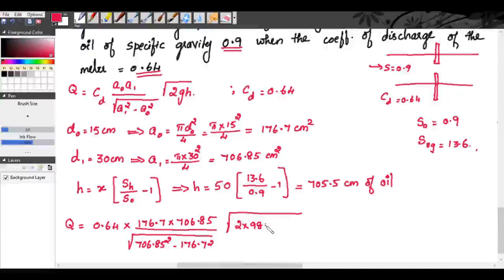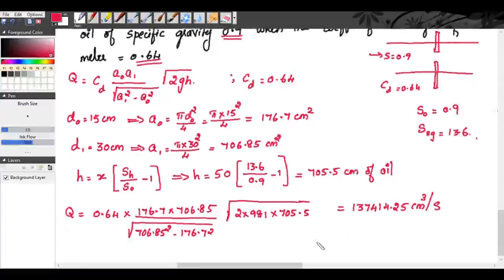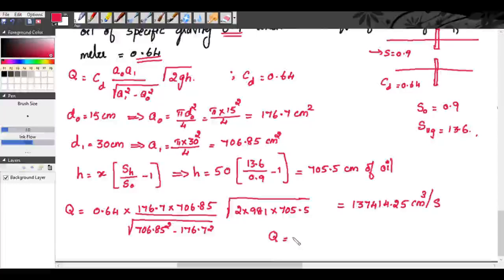G is 981 since it is taken as centimeter per second square. H is 705.5 centimeter of oil. Okay, so we get Q is equal to 137,414.25 centimeter cube per second. Dividing it by 1000, we get Q is equal to 137.414 liters per second.